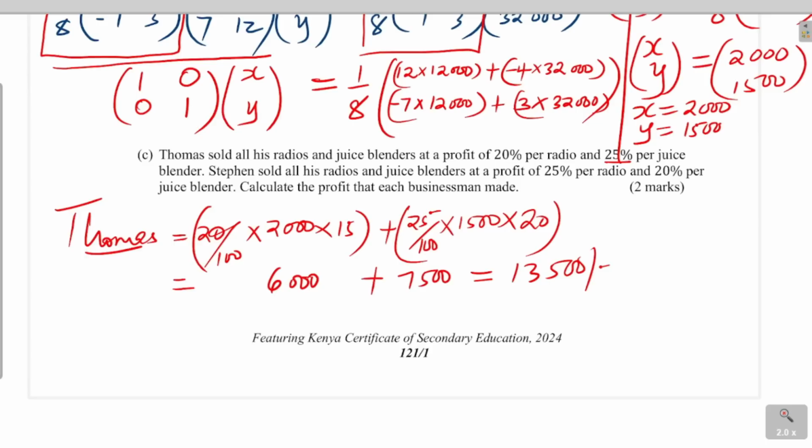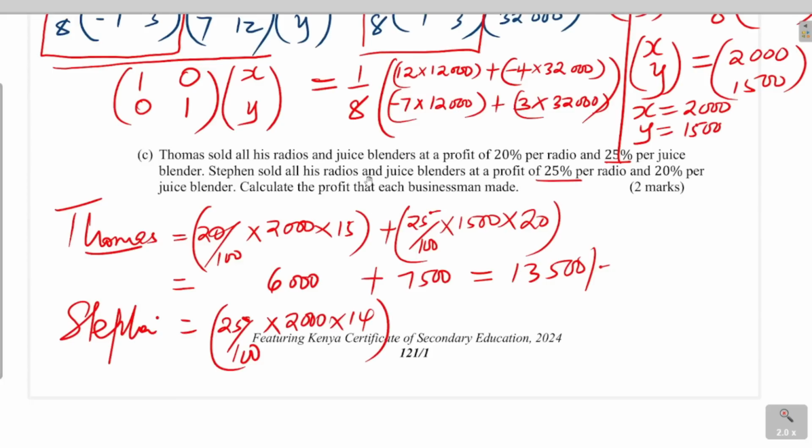That is for Thomas. Then Stephen. Stephen sold all the radios and juice blenders at a profit of 25% per radio. So 25 over 100 times the radio cost of 2,000 times how many did he buy? 14.